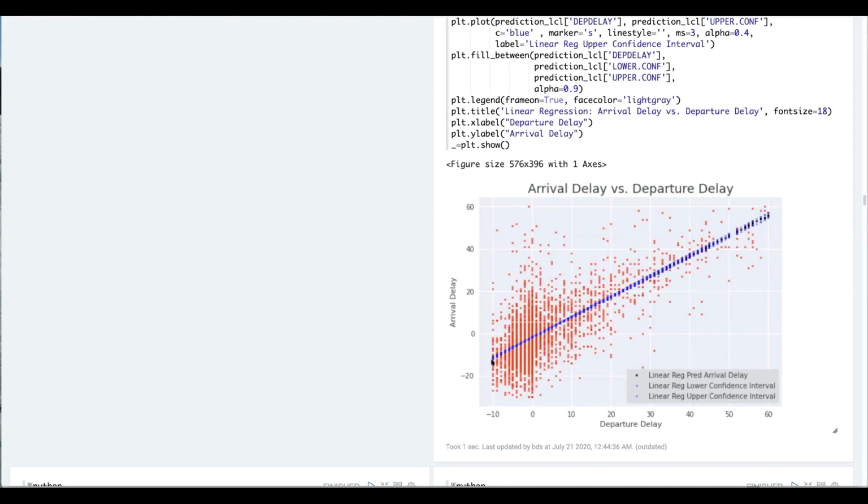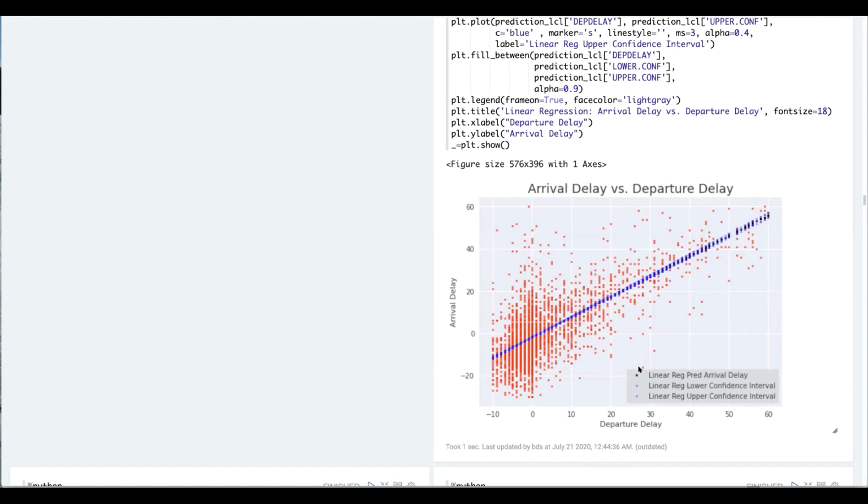And remember, again, that this is going to take into account all of the original points. But in this case, I'm looking at the predictions. Remember that I built this model on top of the training data. So there might be things here that the model did not take into account, for example, some of the outliers down here.